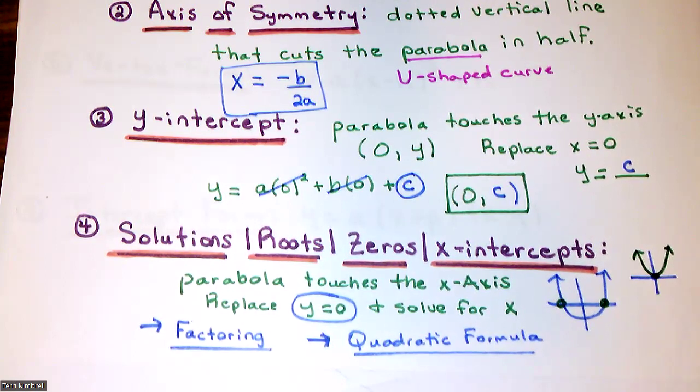So it touches and bounces and doesn't cross through the x-axis. And remember, if it does not touch at all, then it is going to have no real solutions, but you would have 2 imaginary. So again, these would be the methods that you would utilize to help solve for those.